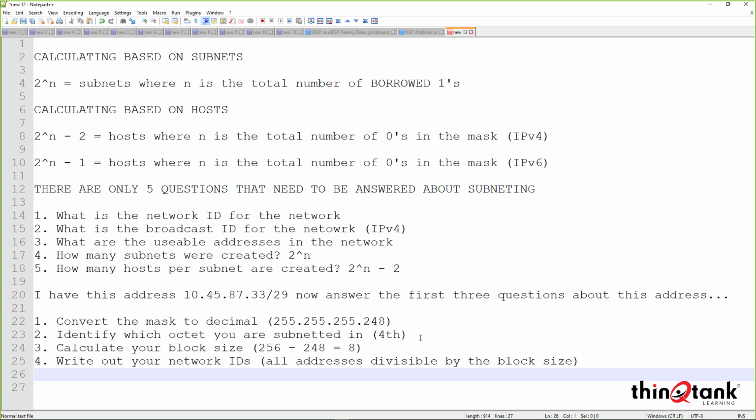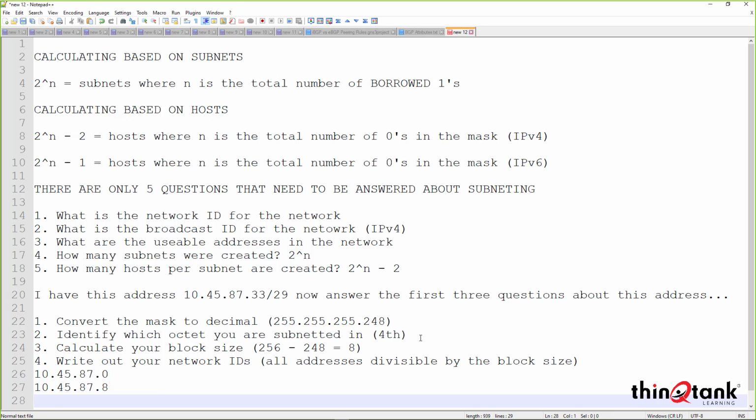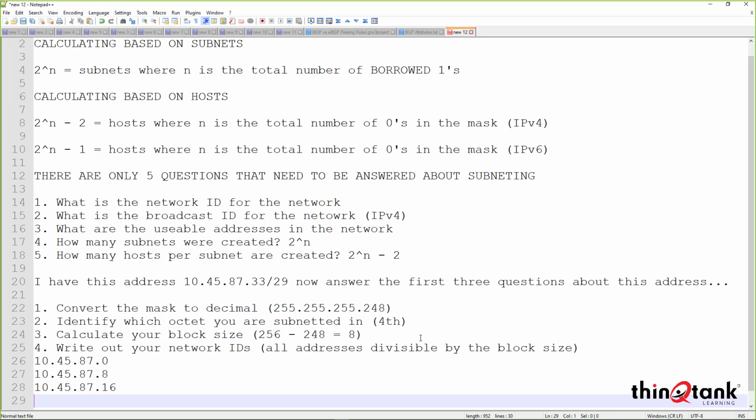So my first network is 10.45.87.0. My next network is 10.45.87.8. My next network is 10.45.87.16. See what I'm saying?